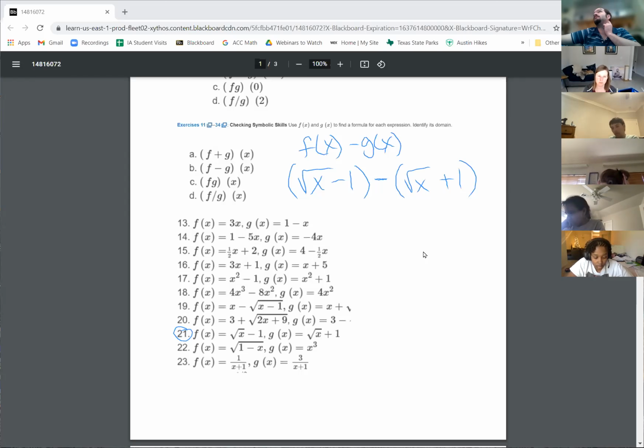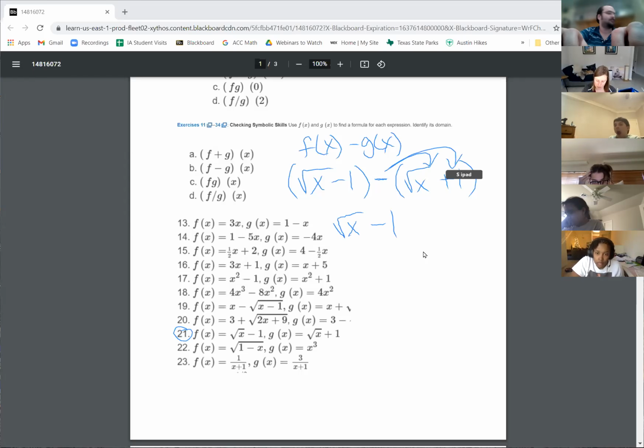Okay. So it looks like all we're going to end up doing is distributing. It'll be similar, except the sign will be different. Okay, you understood what I was starting to say. But so then we distribute. Okay, so we have square root of x minus 1, and then we have to change the signs on those two.